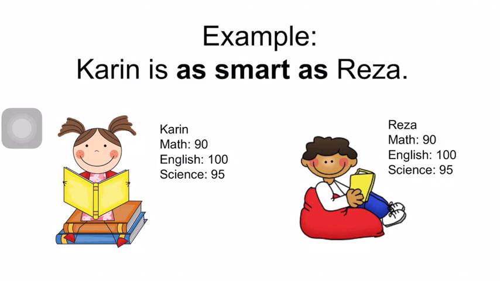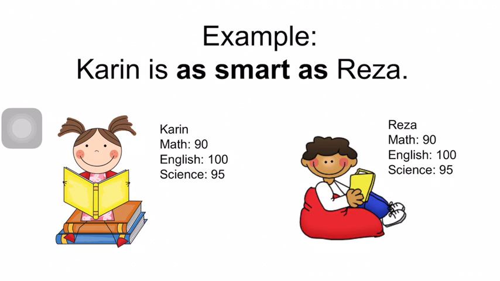Look at Karin's math, English, and science score. Karin's math is 90. Karin's English is 100. Karin's science is 95. Now look at Reza's score. Reza's math is 90.